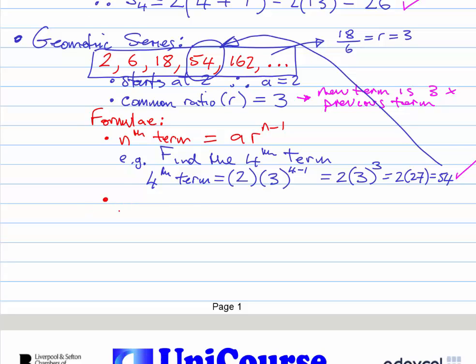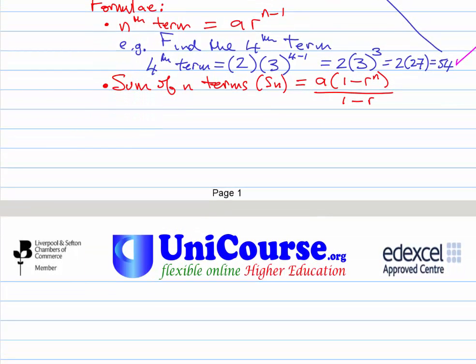Excellent. Okay. Now, the last thing I'd like to do is to find the sum of n terms. So we can write that as S n, as we did previously. And the formula, as you see in your workbook, is A lots of 1 minus R to the n over 1 minus R. Let's do an example, we can see this more clearly.